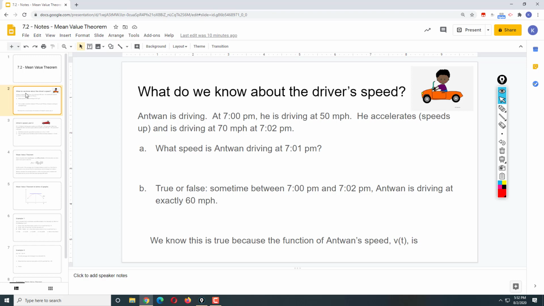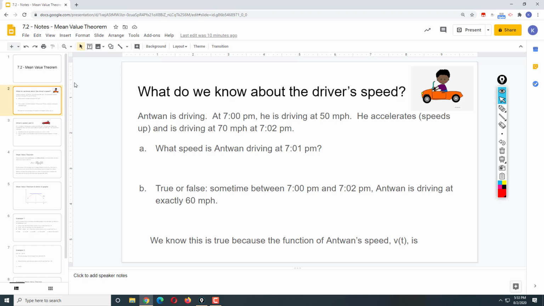In this question, we know that Antoine is driving. At exactly 7 p.m., he is driving at 50 miles per hour. Antoine accelerates, so that means he is going faster.